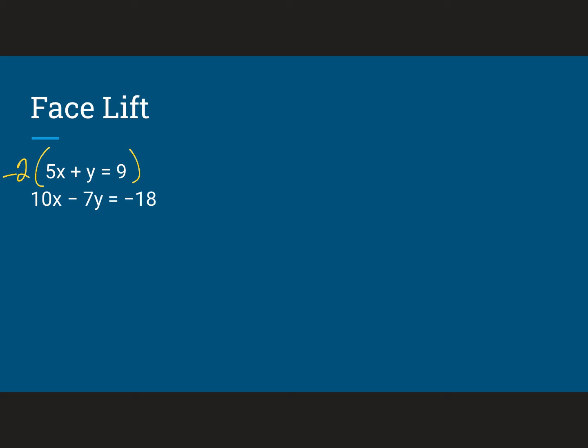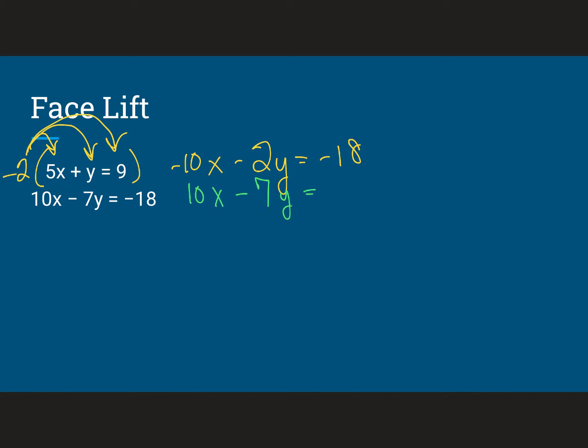So remember, I multiply each term. -2 times 5x is negative 10x. -2 times y is negative 2y. And -2 times 9 is negative 18. So then I'm going to bring over my other equation, which was just 10x minus 7y equals negative 18.